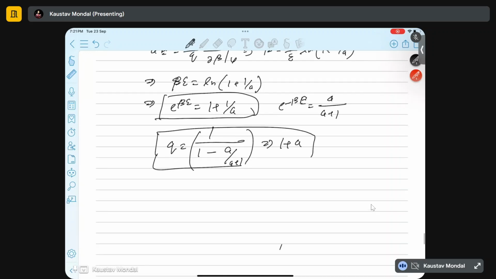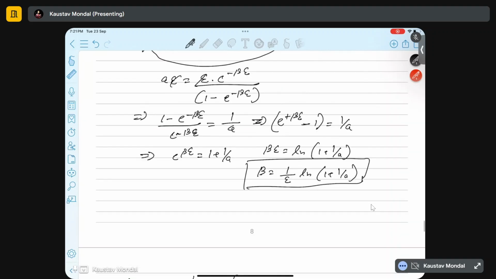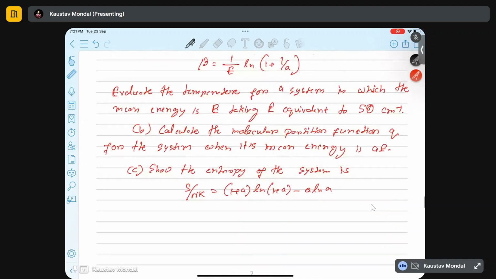So this is the expression of the partition function in terms of A. By using the mean energy, we can rewrite the expression of the partition function, which is the main thing that has been asked for in the problem.